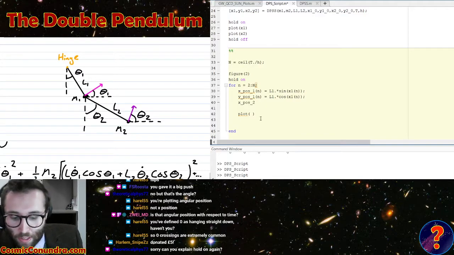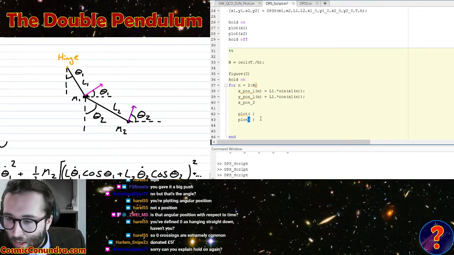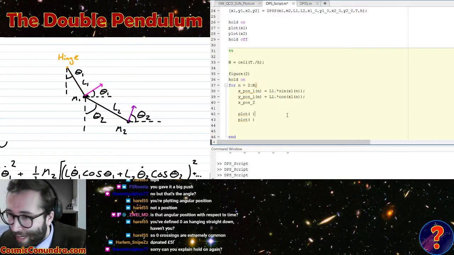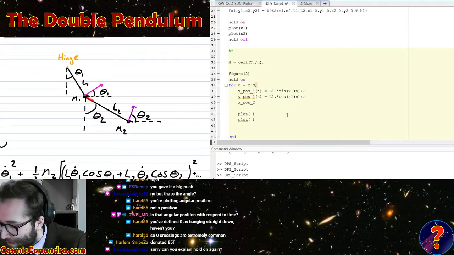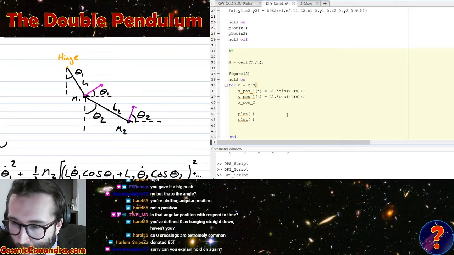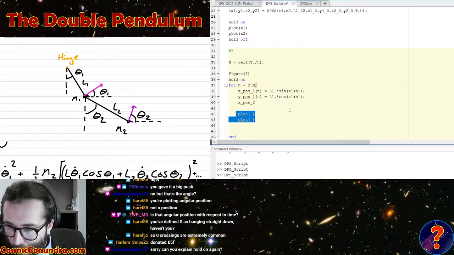So what I'm going to do actually is have two plot functions in here. I'm going to have one which tells me to plot the first rod of the pendulum, and a second plot that tells me to plot the second rod of the pendulum. And what the hold on does is it means these two plots won't overwrite one another.